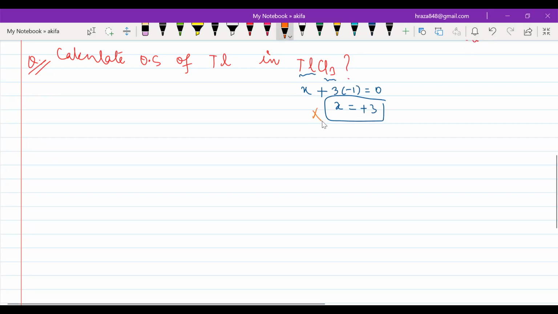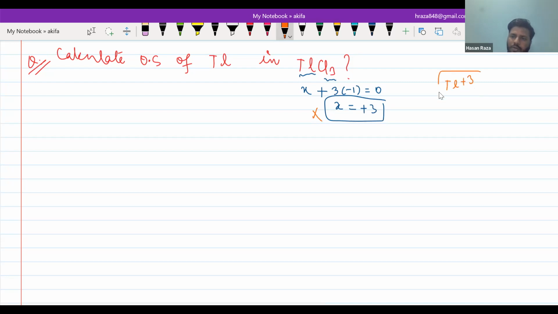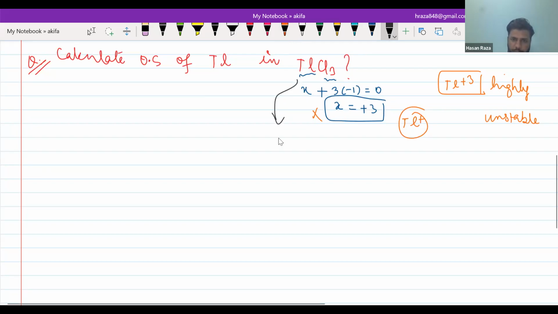But this is wrong, because I told you that thallium in the +3 oxidation state is highly unstable, right? Yes. So here the oxidation state of thallium is Tl+. How is it possible? Basically, thallium exists as Tl+, and this Cl3, just take it as I3, will be more convenient.